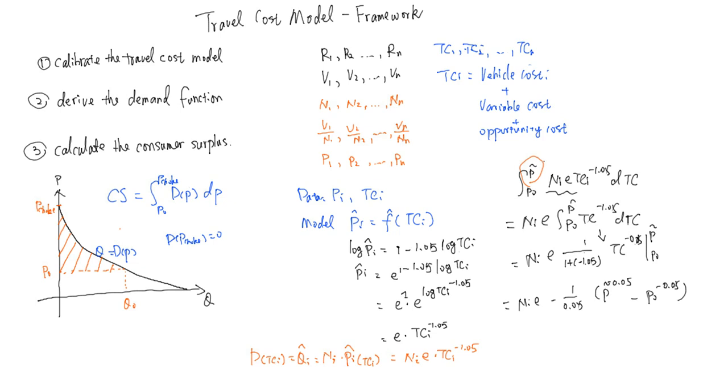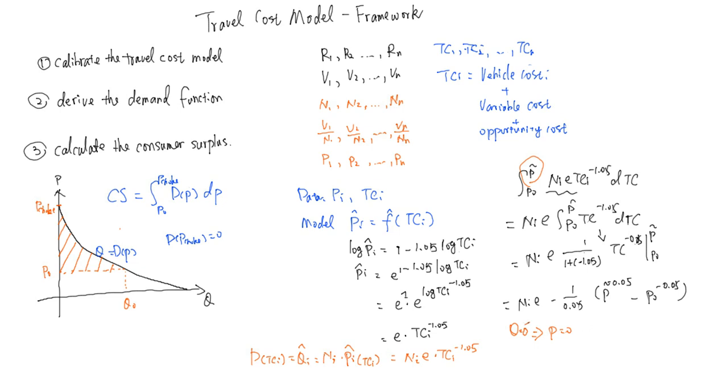So how do you calculate the choke price at zero quantity? That implies Q is 0, which implies P is 0. That's a problem in this case, because that means calculating something like log 0, which is not defined.